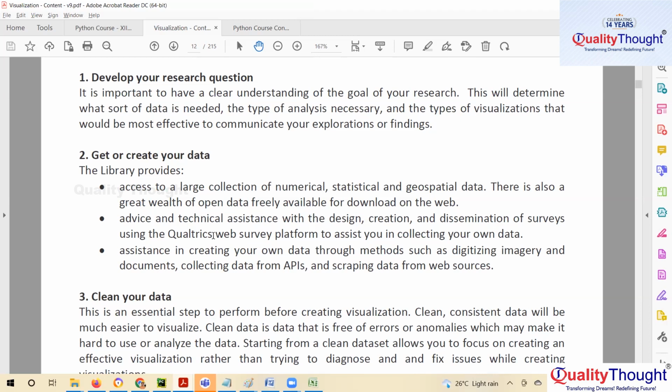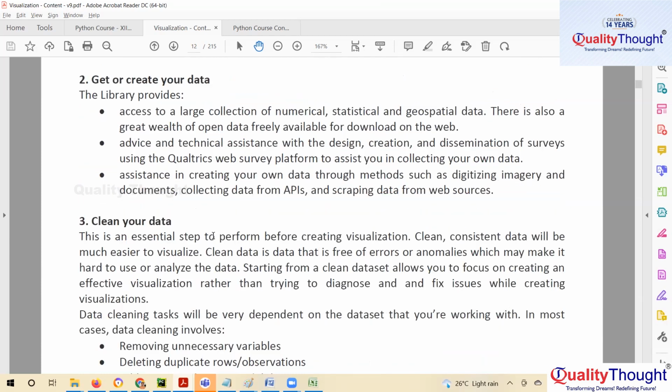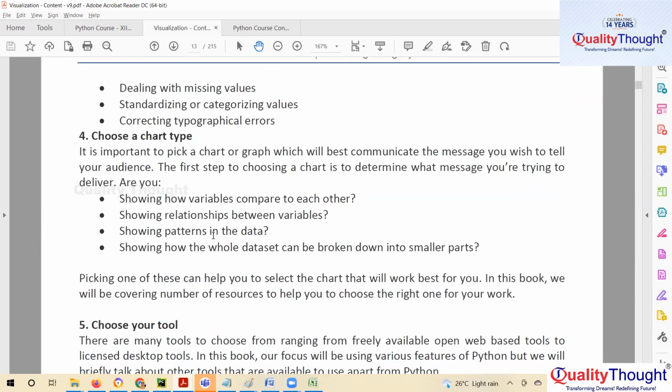So step one is the research question. Step two is to get or create your own data. Then you clean your data. Cleaning means making it ready to perform analysis. Then you choose the chart type. Yesterday we discussed different chart types, isn't it?